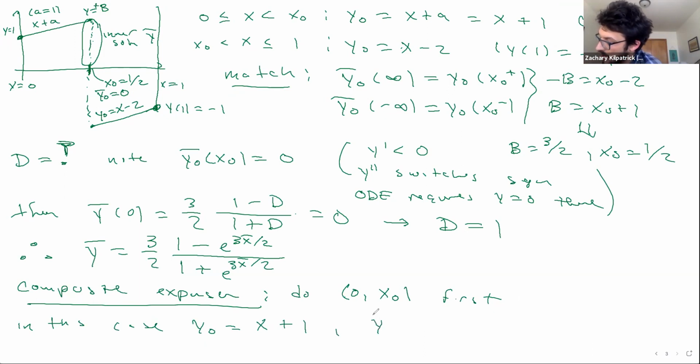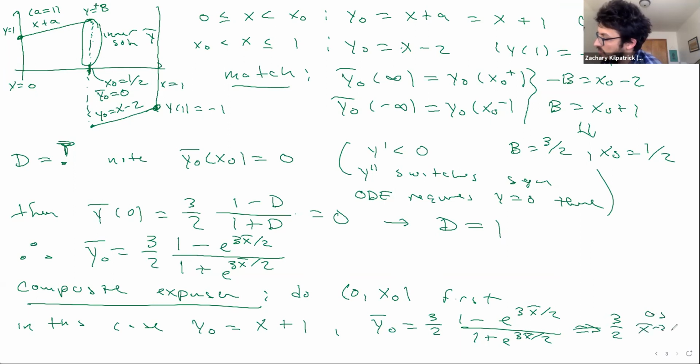And y bar of 0 is equal to 3 halves times (1 minus e to the 3 x bar over 2) over (1 plus e to the 3 x bar over 2). But in the limit as x bar goes to negative infinity, I'm just going to get that it goes to 3 halves. So that's going to be 3 halves, and that's going to be 3 halves as well.